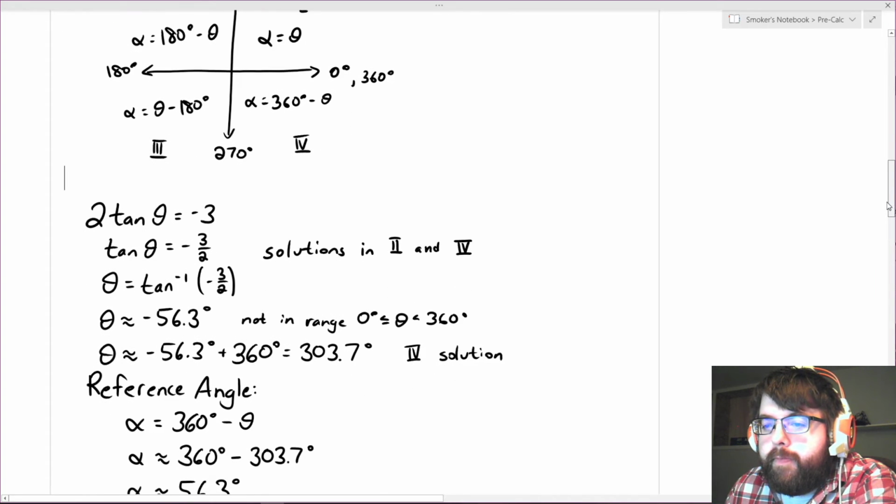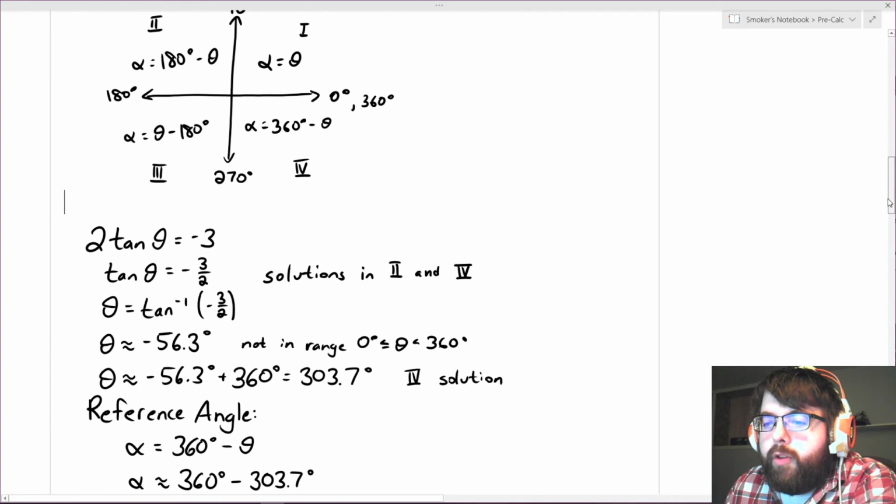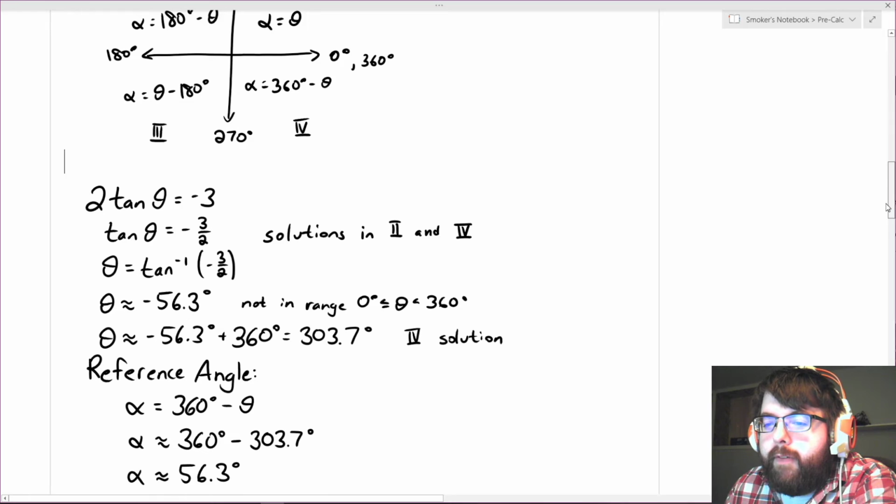Plugging in 303.7, I get 56.3. My reference angle is 56.3, which means that 56.3 plugged into my calculator for tangent would give me positive 3/2.